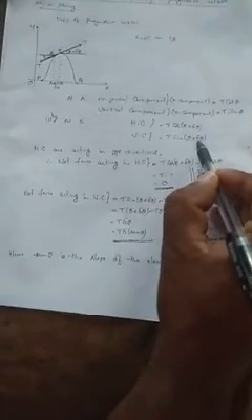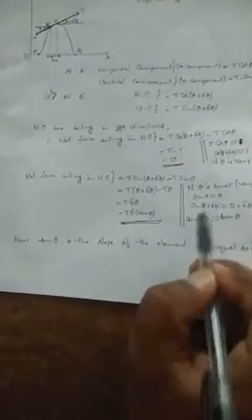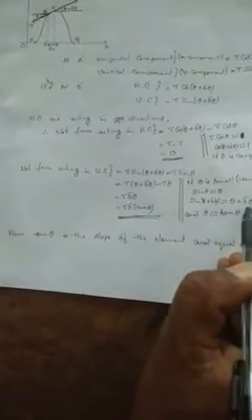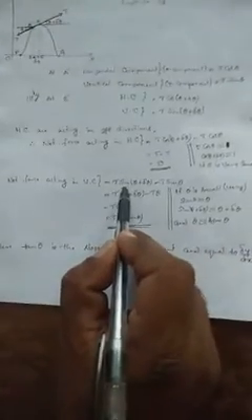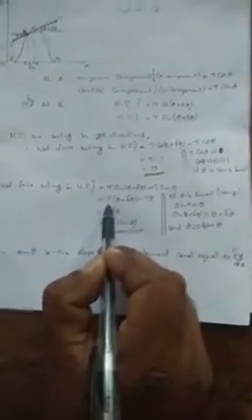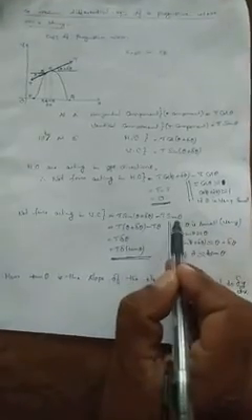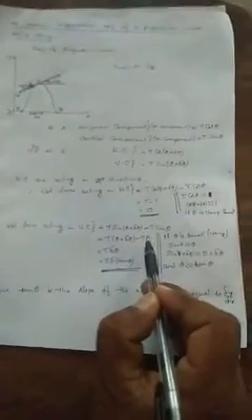Similarly, the net force acting in the vertical direction is given by T sin(theta plus delta theta) minus T sin theta. As I told you, if theta is very small, sin theta is almost equal to theta, and sin(theta plus delta theta) is almost equal to theta plus delta theta. This is reduced to T into (theta plus delta theta) minus T theta.